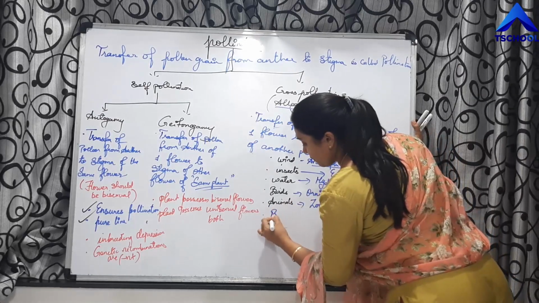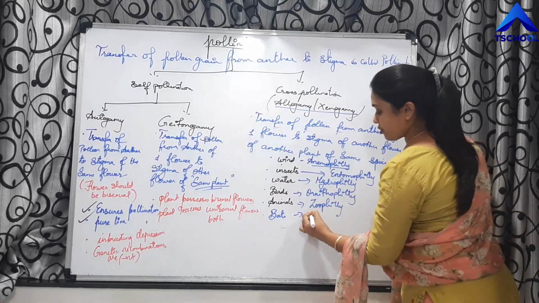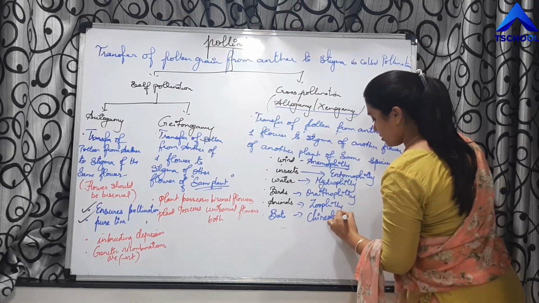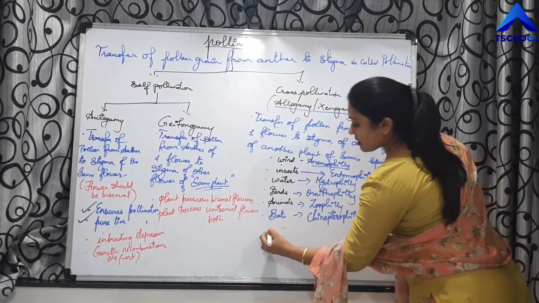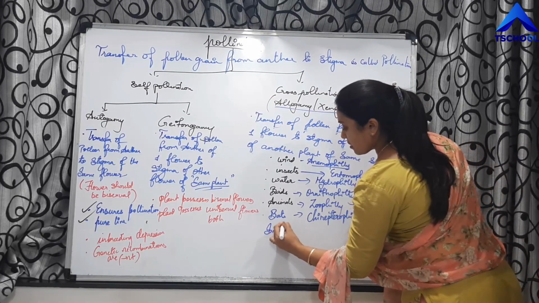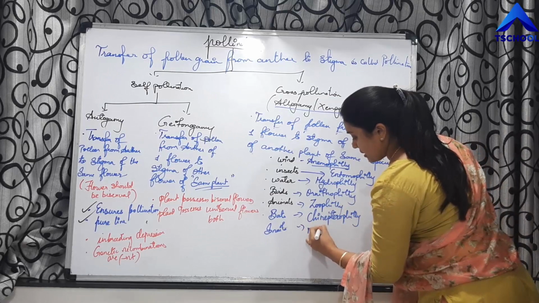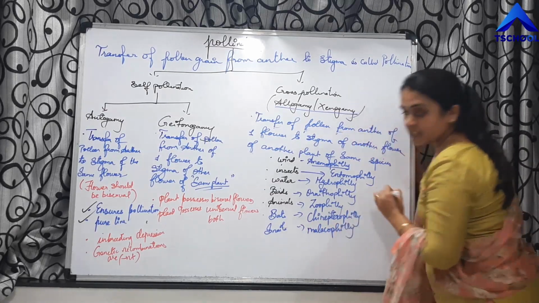Say for example, if bats are helping in pollination, that is called as chiropterophily. Then say snails are helping in pollination, that is called as malacophily.